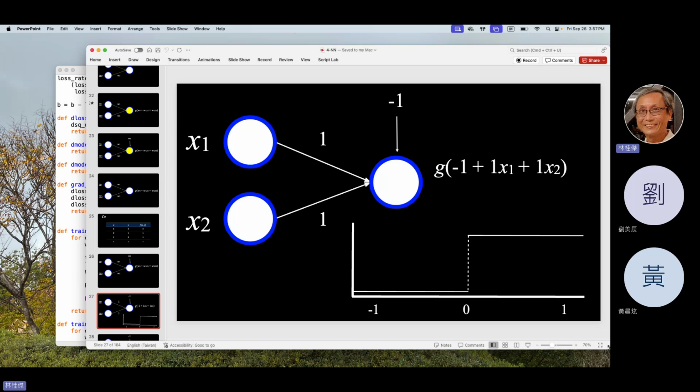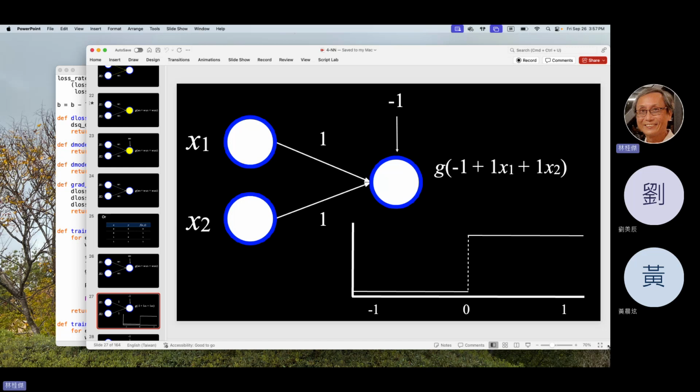Whenever we have x1 to be a 1, or x2 to be a 1, then we will have the values here to be 1 or 2. Because we have -1, the output here will be either 0 or 1.